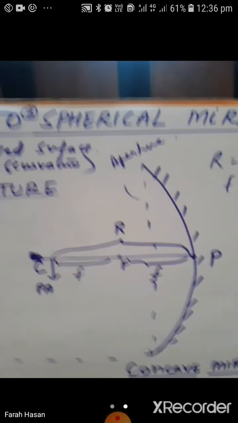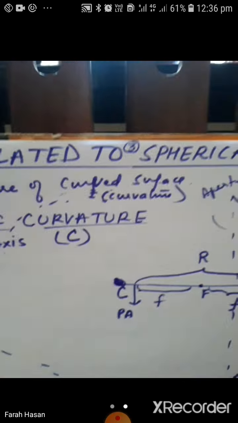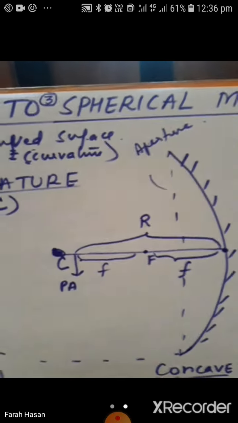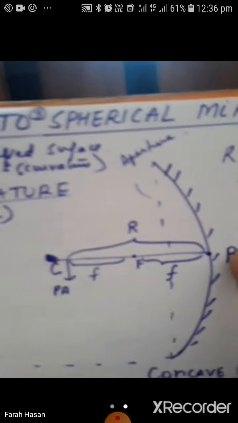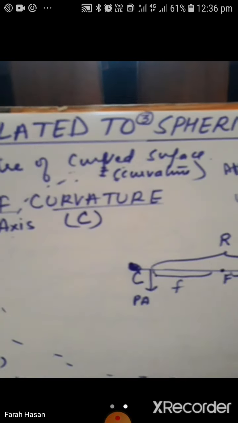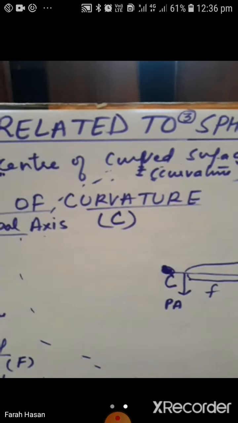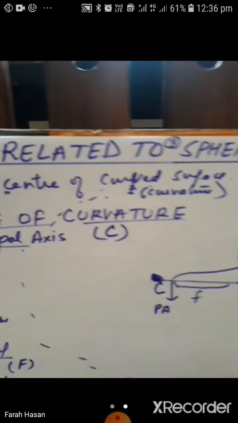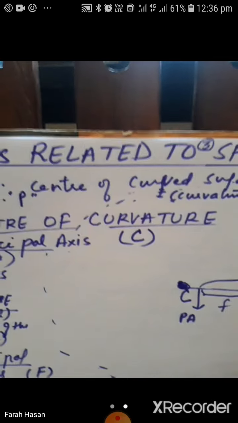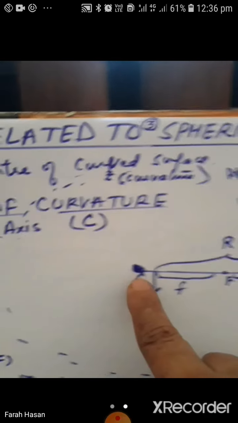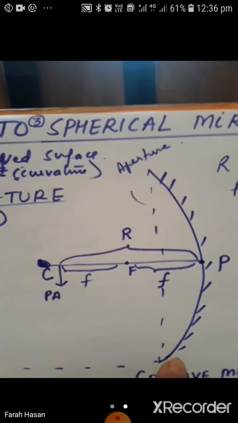Radius of curvature is the radius of this whole sphere. And what is the radius of this whole sphere? It is the length from C to P. So that is the radius of curvature, because it is the radius of the entire sphere. So that distance from pole to the center of curvature is known as radius of curvature.